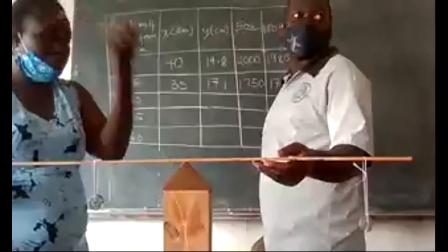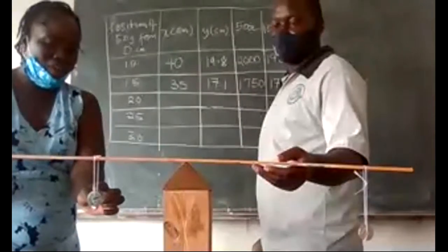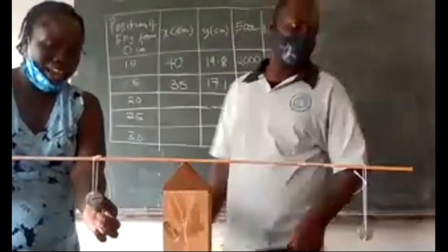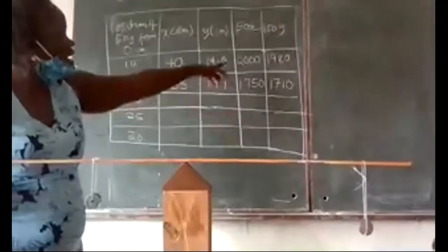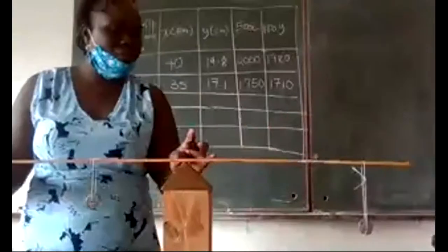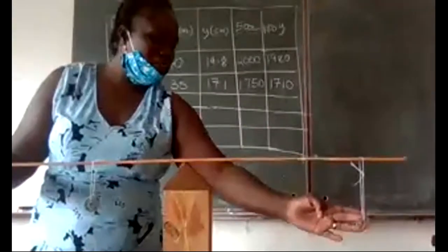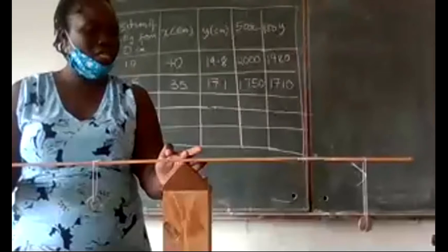Like you've mentioned, the moment of a force. On this side where we have 100, you multiply 100 times the 19.8. That is how we got 1,908. On this other side where we have the 50 gram mass, we multiplied 50 times the perpendicular distance of its line of force, which was 40.